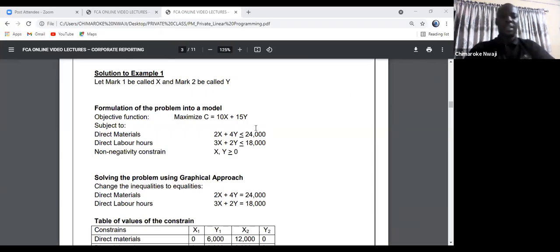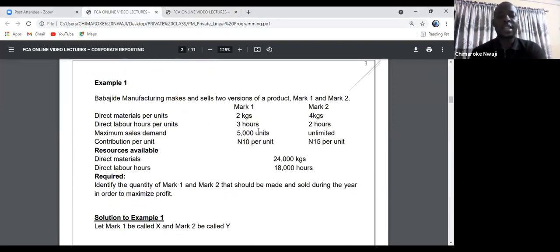All right, so now we are here to solve this problem. We've defined our objective function to maximize 10x plus 15y. What are the constraints? The constraints are direct materials. Now, how did we get this equation? We were told here that direct materials for Mark 1 is 2 kg. So if Mark 1 is x, it becomes 2x plus 4y should not exceed 24,000.